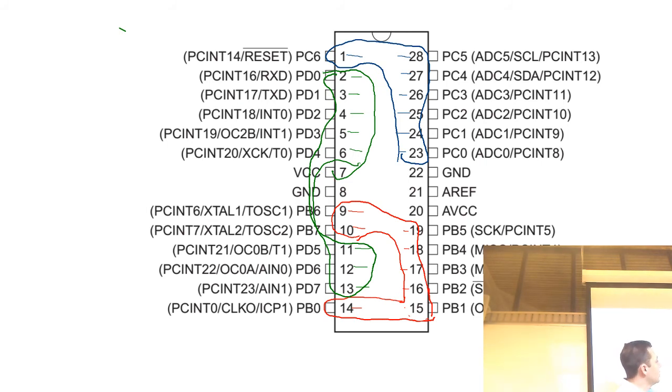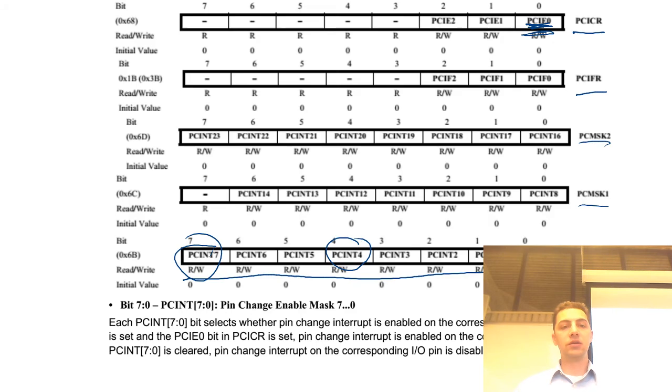Then port C is 8 through 14. And finally, port D is 16 through 23. There is no pin change interrupt 15. It would be right here, but it doesn't exist.